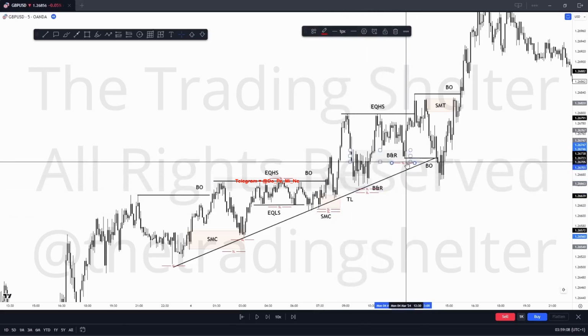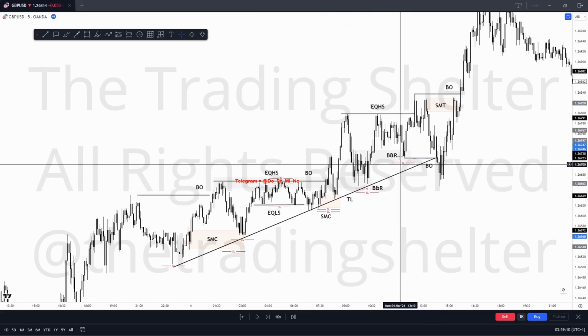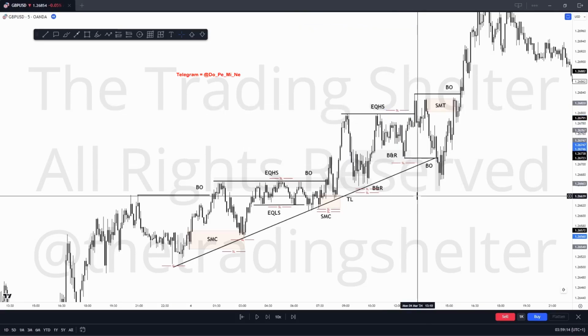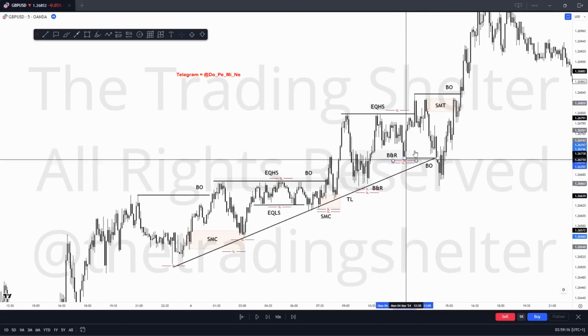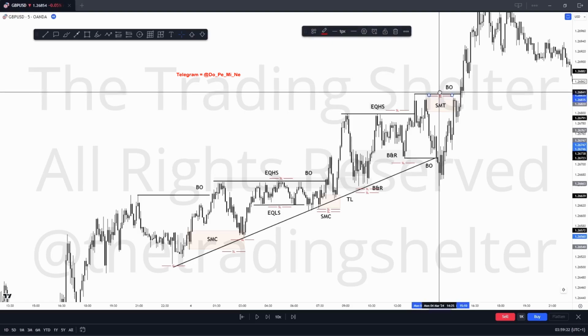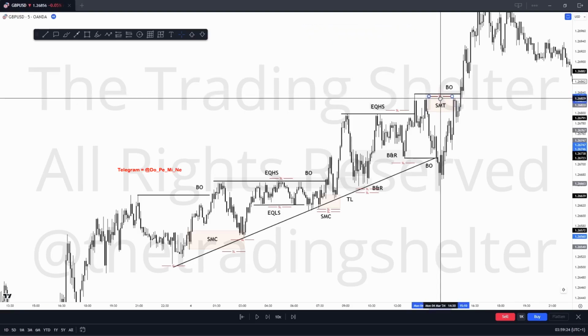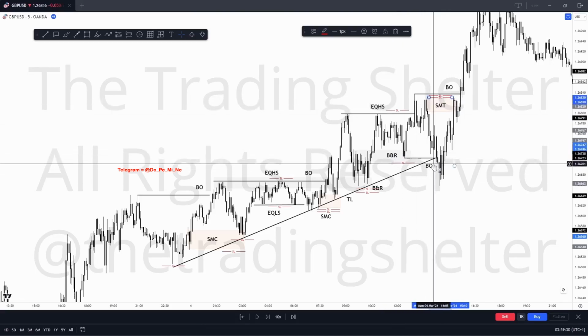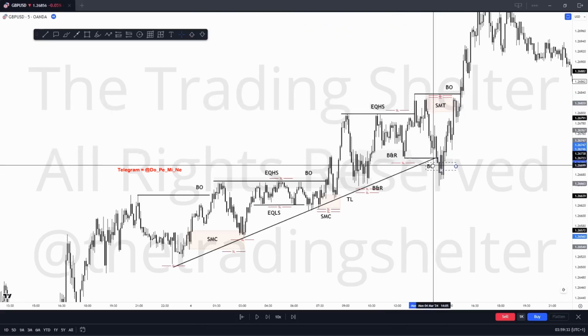Same thing here. Same thing here. We have stop loss here for the retail traders entering. We also have another stop loss because of the, let me just see if it fits, because of the breakout traders entering here, right?